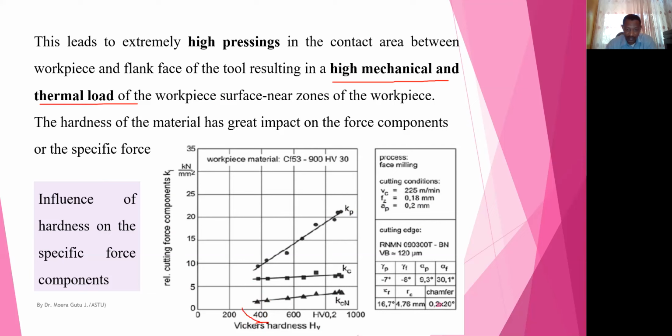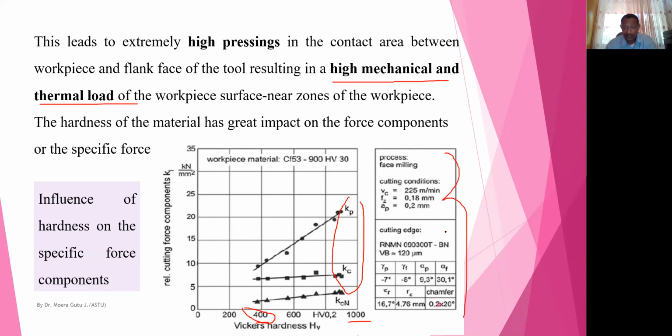We cannot actually say ductile in hard materials; I mean material which has low Vickers hardness, HV. So here the fracture toughness of the material is increasing as the hardness of the material reaches up to 1000 Vickers hardness number. So the cutting force components increase with the Vickers hardness number.